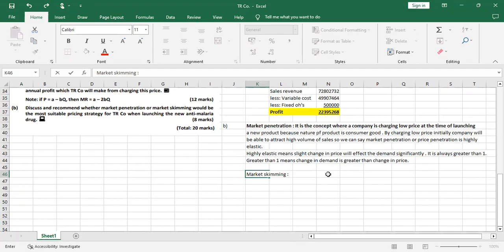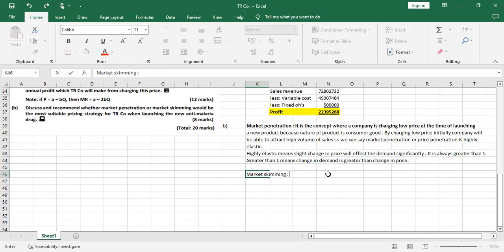So it is possible for the company to charge the high price at the beginning, which will increase their profitability, it will increase their sales volume, and it will also maintain their market share, because most of the customers, those who want to purchase new product, new technology, new computer or new laptop or new mobile phone or new computer game, will be ready to purchase the new version at the higher price.